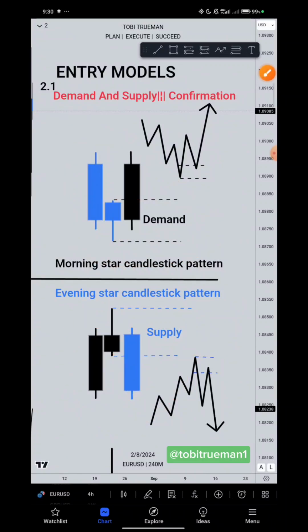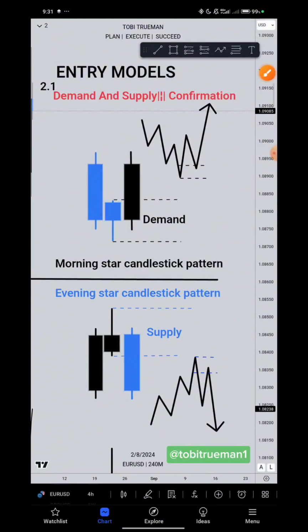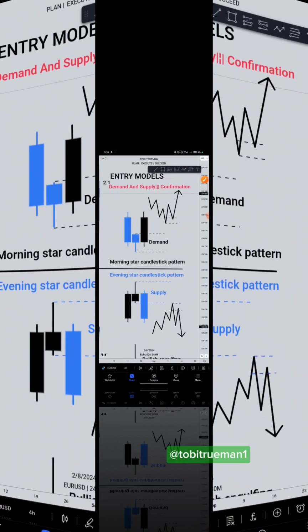Hope you get it. That's just the principle, but the candlestick formations may not be the same. The body of candlestick 1 can be small, can be half, can even be the same size as candlesticks 1 and 2, but the wick must follow that rule. Okay, so let's go.